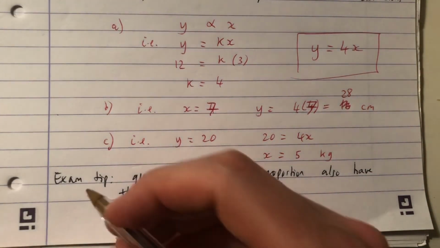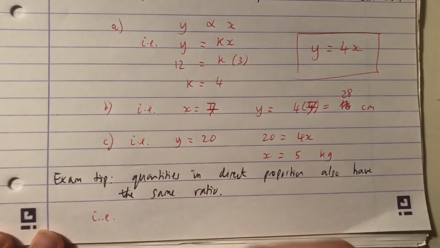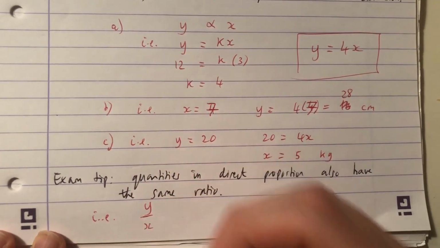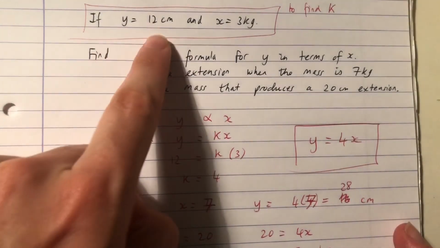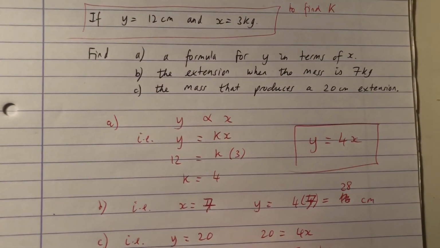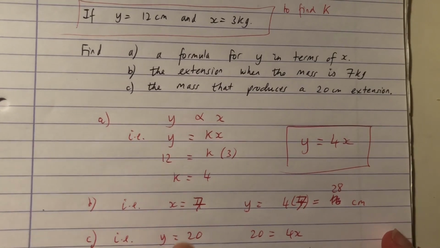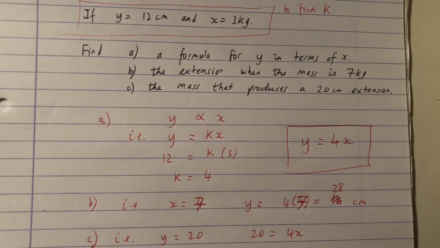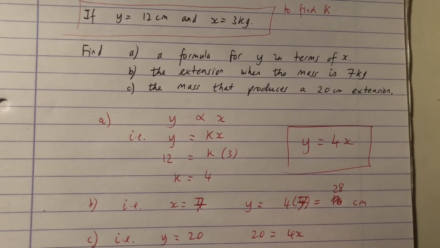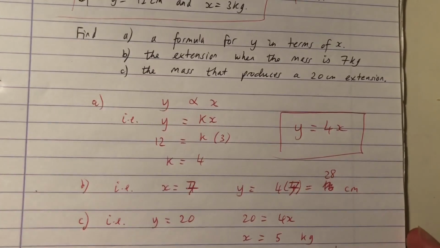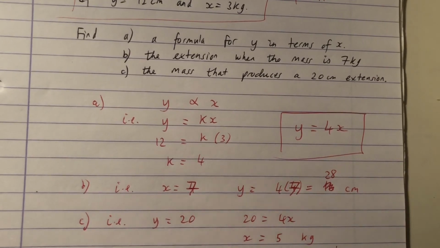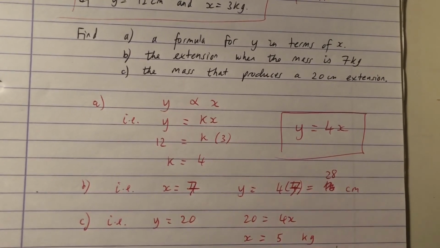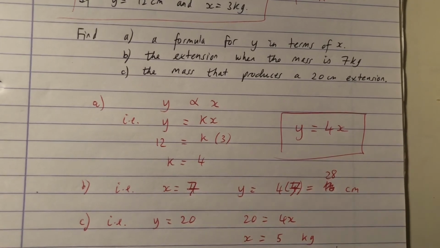What I can do is take y divided by x and work it out for every single pair. 12 divided by 3. The other pair was 28 divided by 7. And then this last one, 20 divided by 5. And all of these ratios are exactly the same as each other. They're all equal to 4.